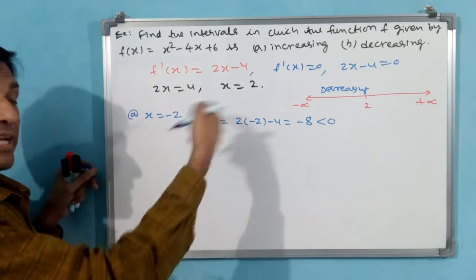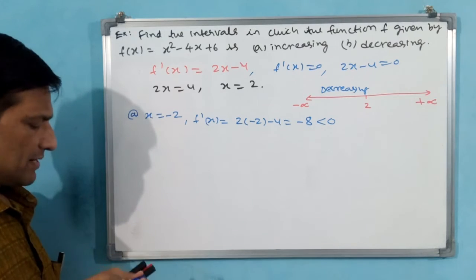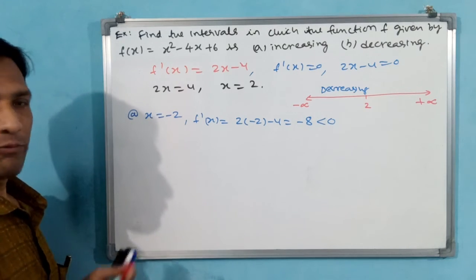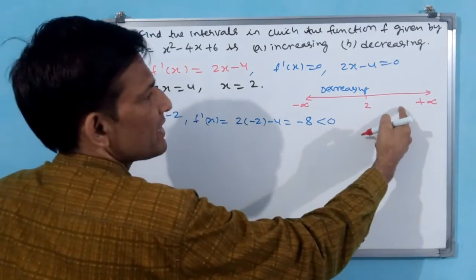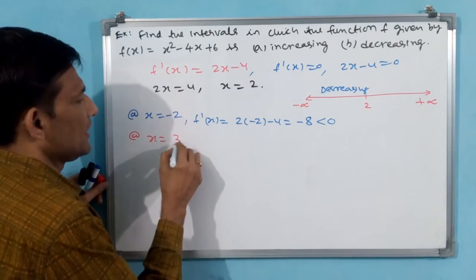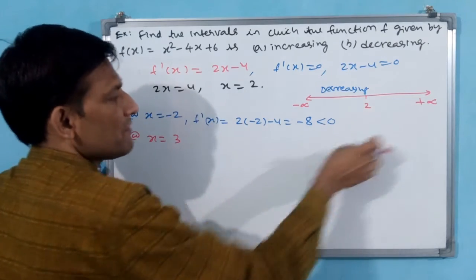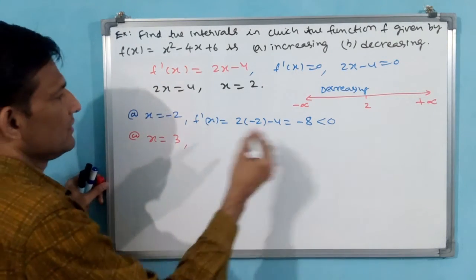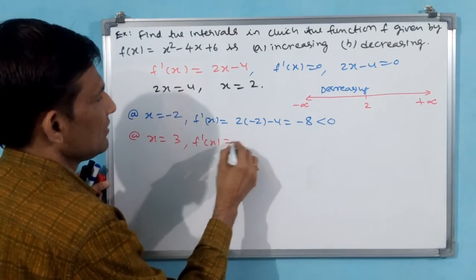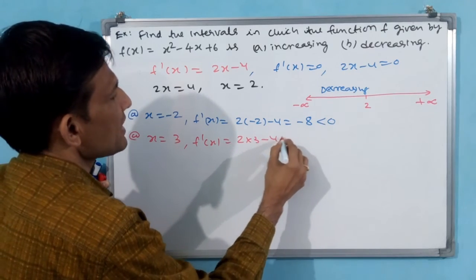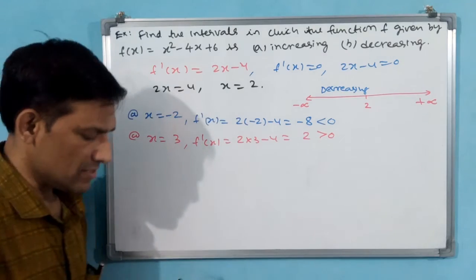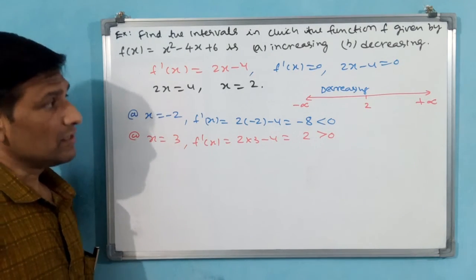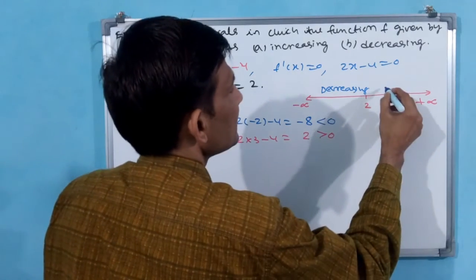Okay, you may take any number, but same thing is going to happen. Okay, see, at x is equal to, say I am taking 3. 2 to plus infinity, but 3 I am taking. F dash x is equal to 2 into 3 minus 4, that is equal to 6 minus 4, 2. Is it greater than 0? Definitely greater than 0. Then what can you write? You can write increasing.